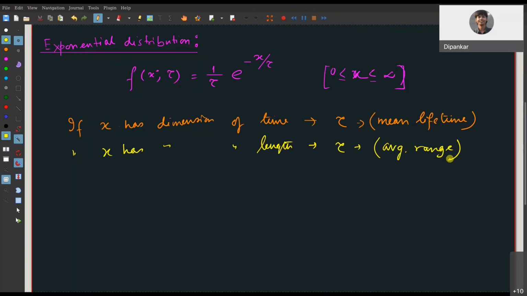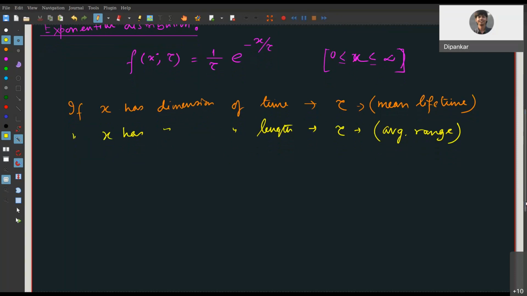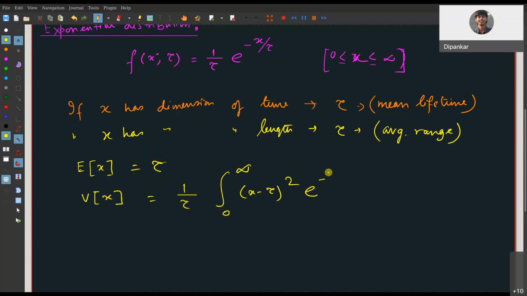Okay, so for this distribution, again, if you calculate the expectation values, the expectation value of x turns out to be just tau. So that basically reaffirms our intuition that this tau is some kind of an average. Which is nice. And then this V(x), if you calculate, would be given by 1 over tau, integration 0 to infinity, (x minus tau) whole square, e to the power minus x over tau dx, and this thing will turn out to be tau square.